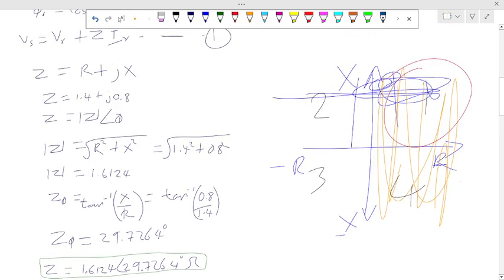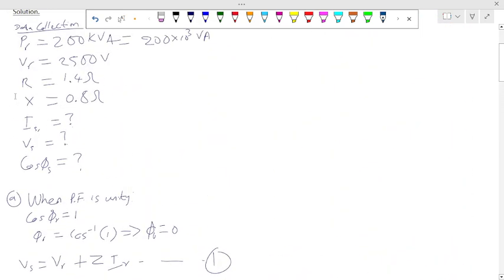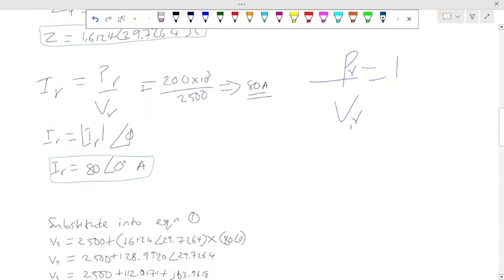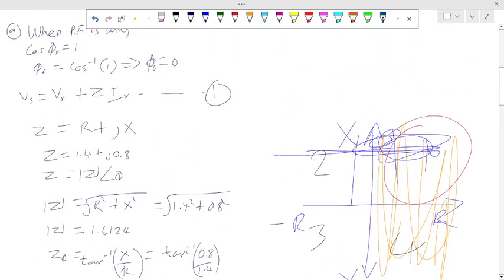We just substitute in those values to get our current. Already the receiving end phase angle is 0. We've done that already, which is this.